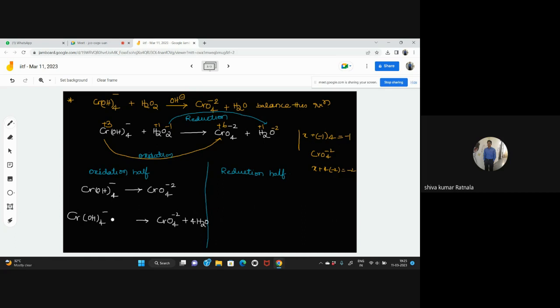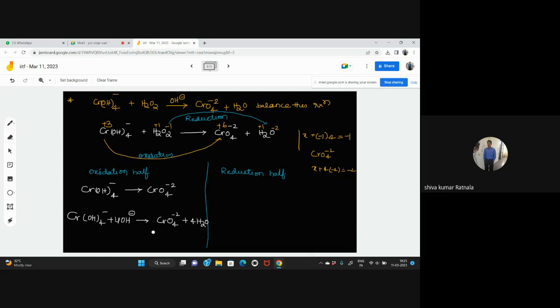At the same time, we are going to add 4 OH minus ions to the opposite side. Like I said, if it is an acid medium, you should add H plus. If it is basic medium, you should add OH minus. In acidic medium, to balance we simply add H plus ions wherever there is a deficiency.